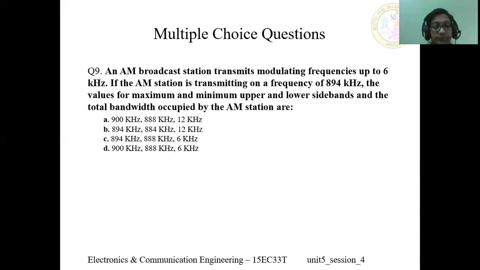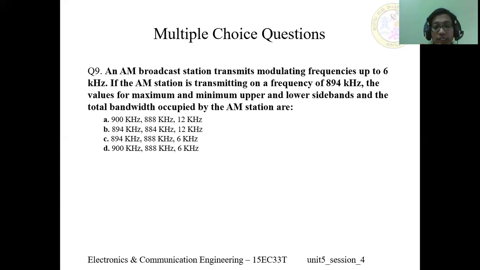Question number 9. An AM broadcast station transmits modulating frequency up to 6 kilohertz. Modulating frequency means the message signal frequency.